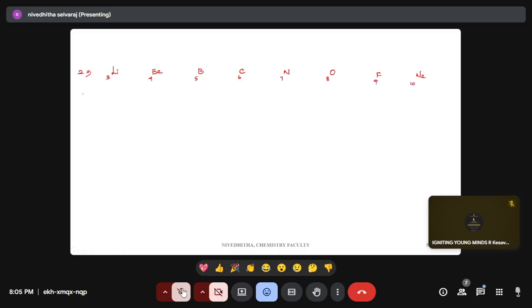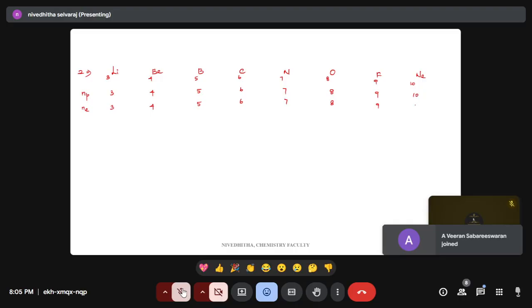So the number of protons is 3 and the number of electrons is also 3. For beryllium, protons 4, electrons 4. Proton 5, electron 5. Proton 6, electron 6. Then 7, 8, 9, and 10.